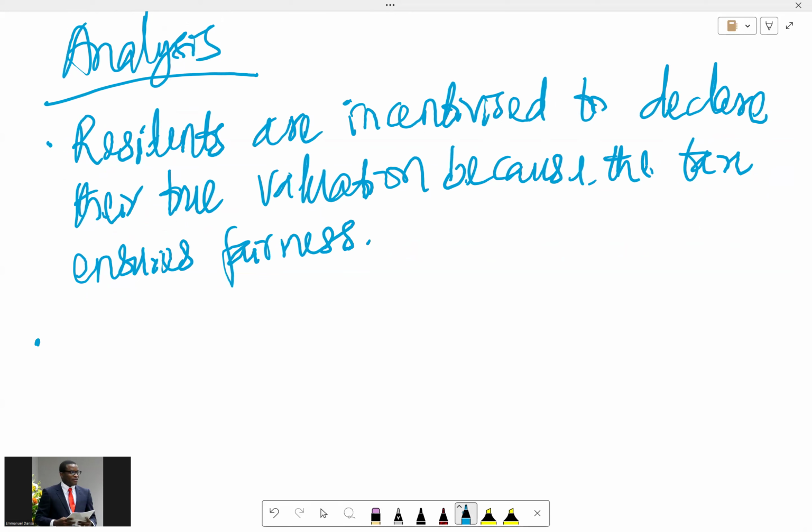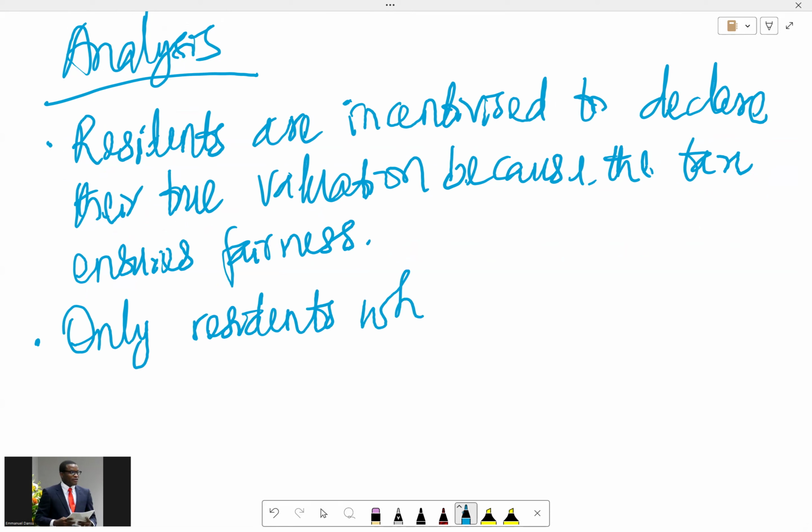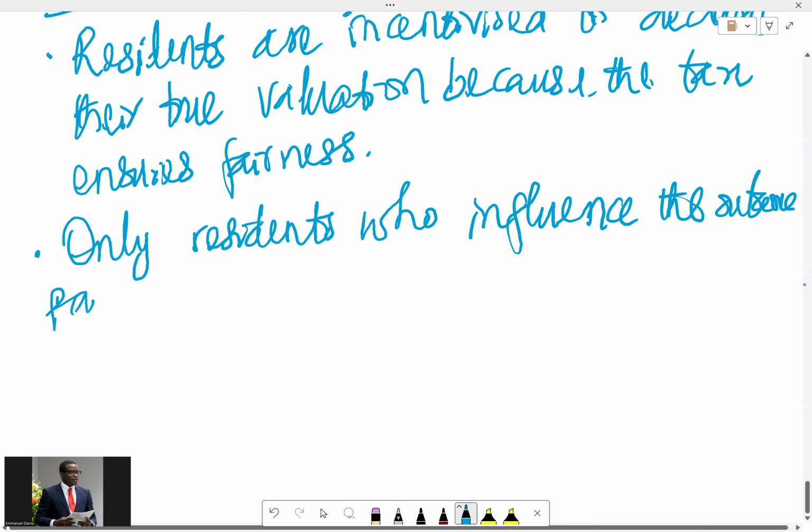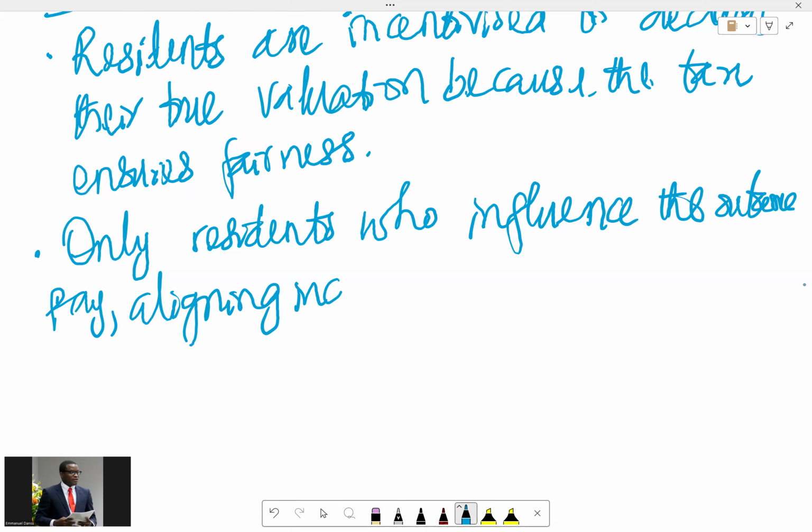Then only residents who influence the outcome pay, thereby aligning incentives with efficient decision making.